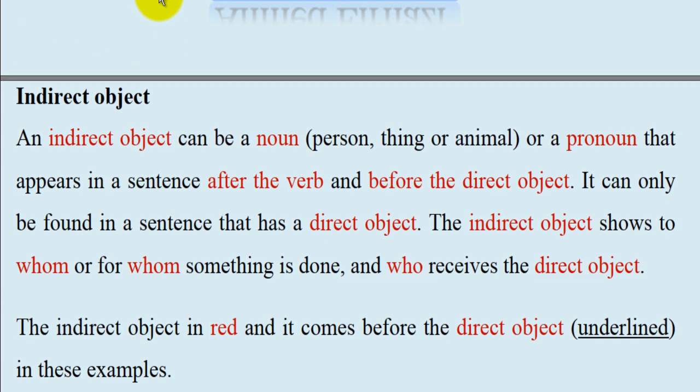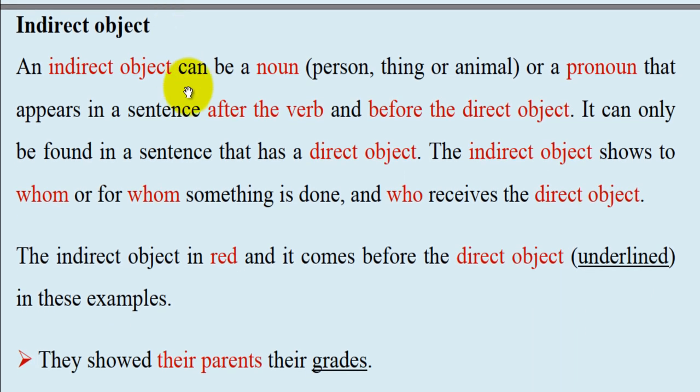Indirect object. An indirect object can be a noun, person, thing, or animal, or a pronoun that appears in a sentence after the verb and before the direct object. After the verb and before the direct object, that is called the indirect object.